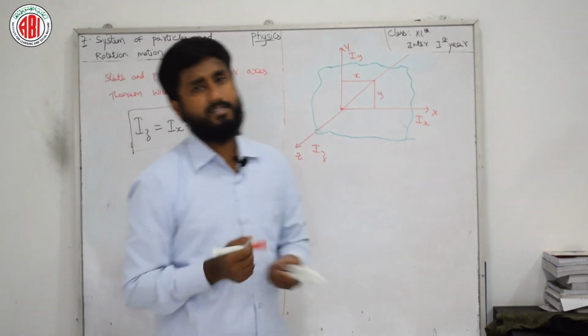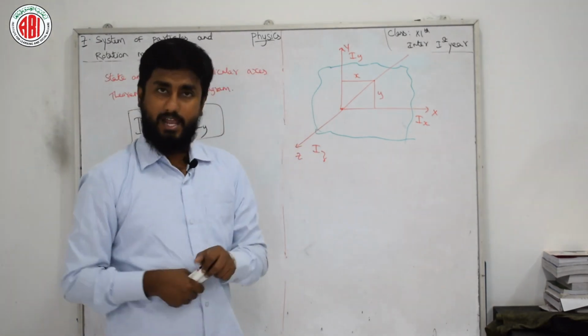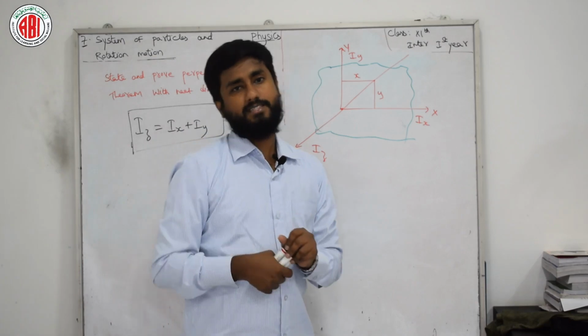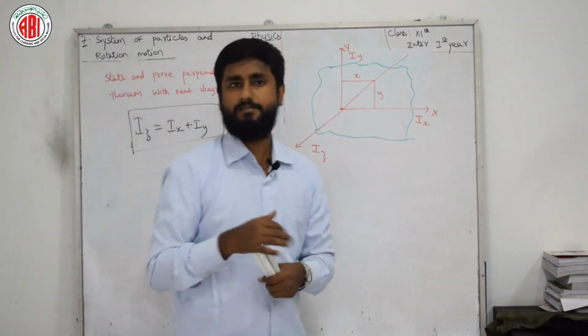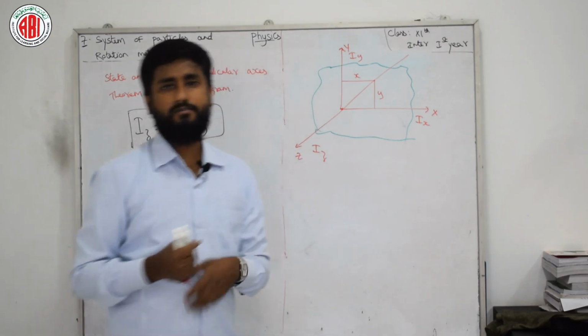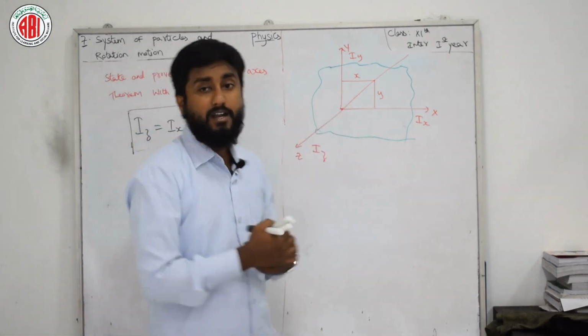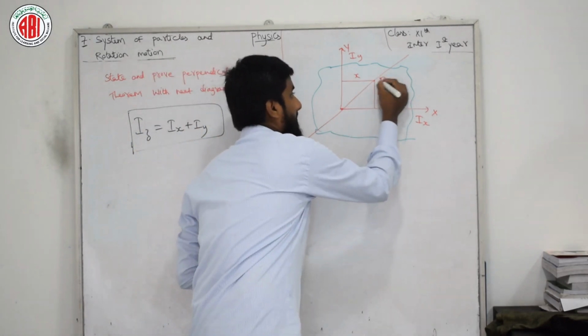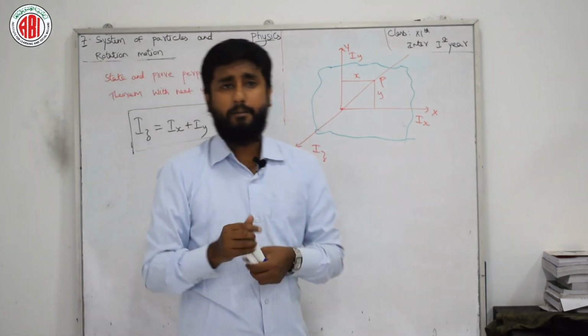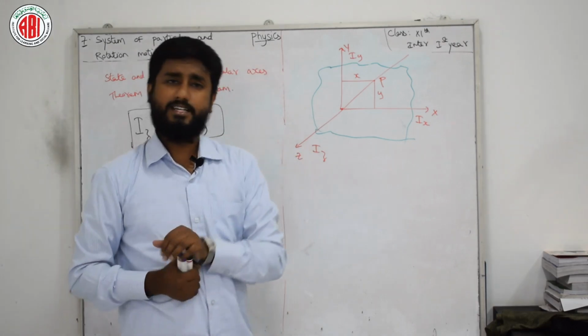So same thing, consider a plane lamina of mass m, assuming that it consists of a large number of small particles of mass m. Consider a particle of mass m at point P, and we need to mark one point here. This is nothing but point P, with coordinates x comma y.